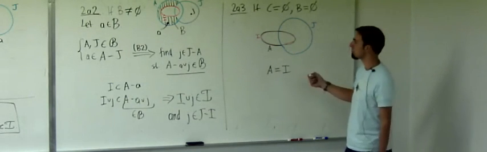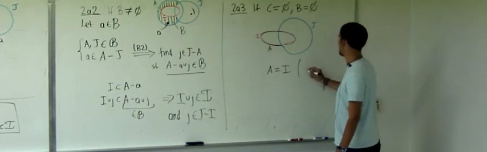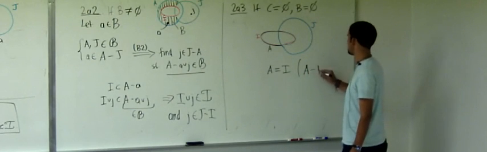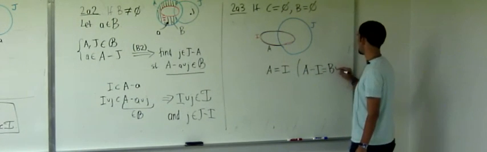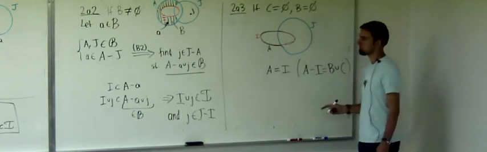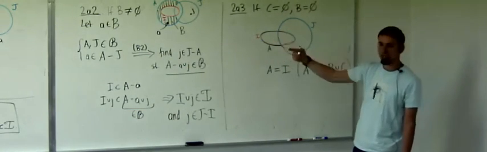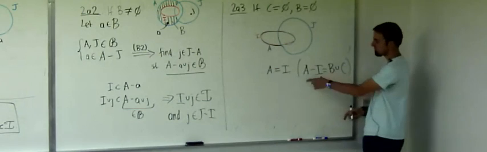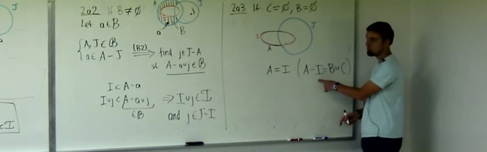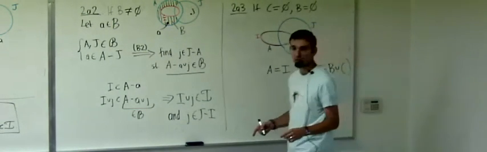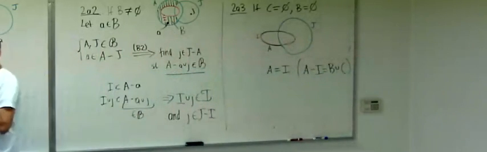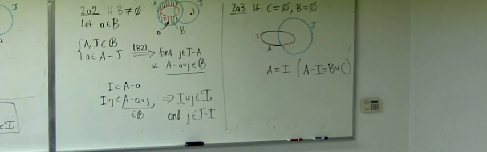I can say it in symbols. A minus I is B union C. You see the picture and you see that A minus I is B union C. So if these two guys are empty, that means A is equal to I. But I'll remind you that Jeffrey pointed out that this is a strict containment.